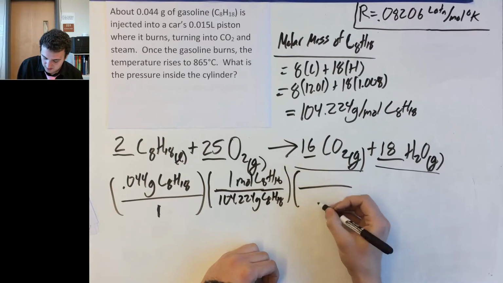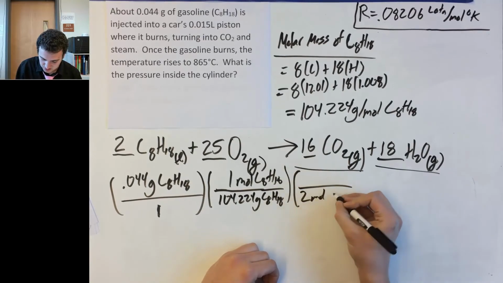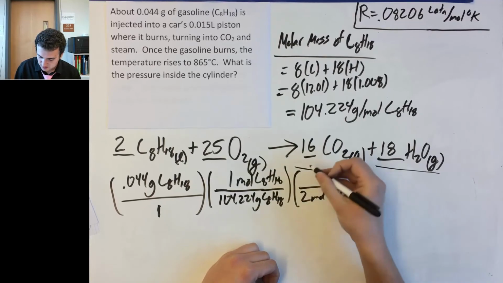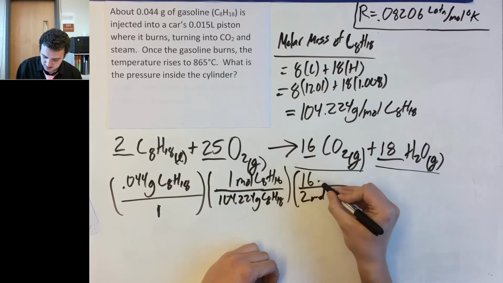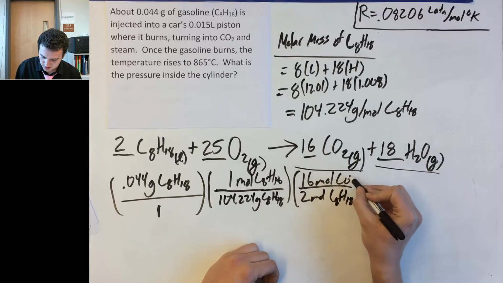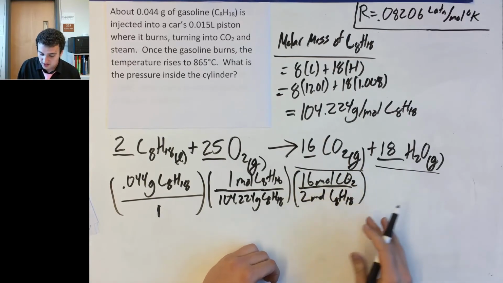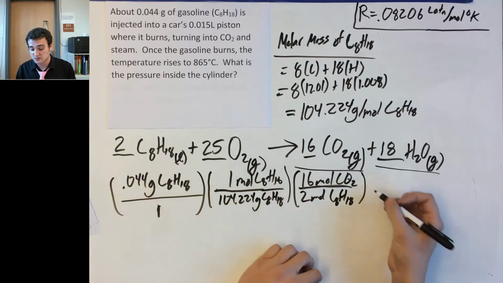So for every 2 moles of gasoline, I make 16 moles of carbon dioxide. Okay, and now I have moles of carbon dioxide. So this is moles of one of the gases we need to solve this problem.